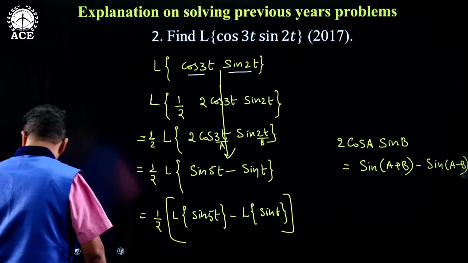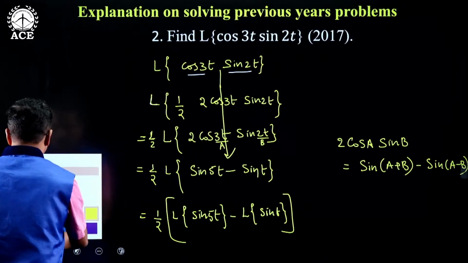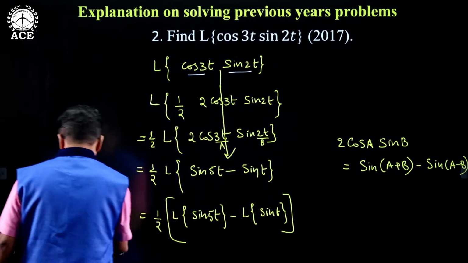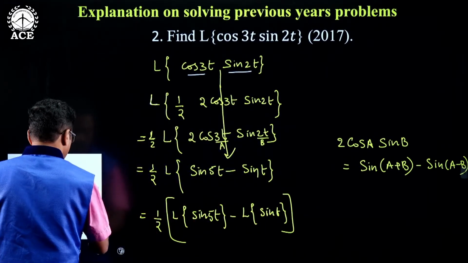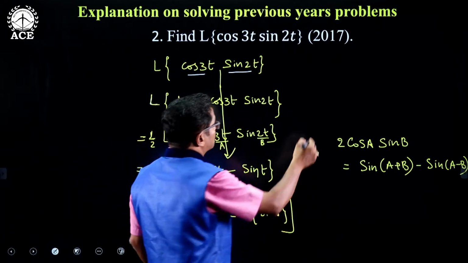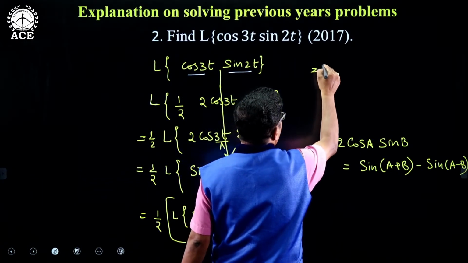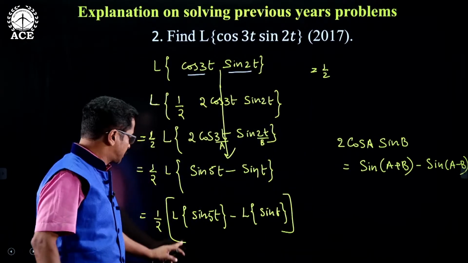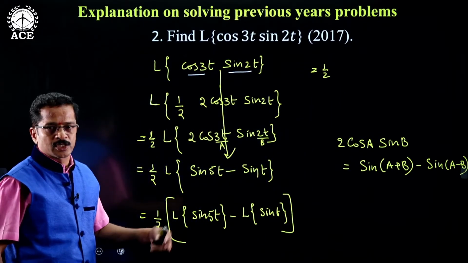Okay, and use so then which is equals to 1 by 2 L of sin 5t. I already listed sin at means a by s square plus a square.